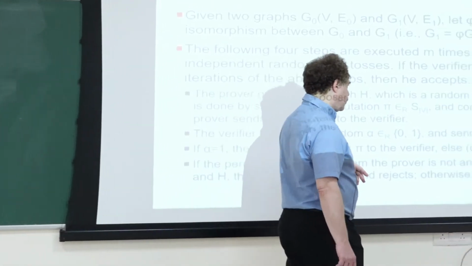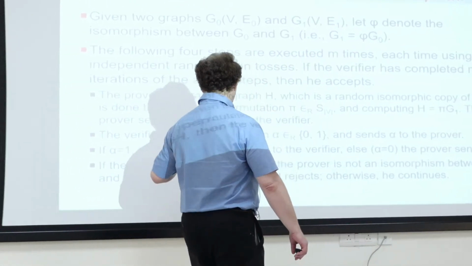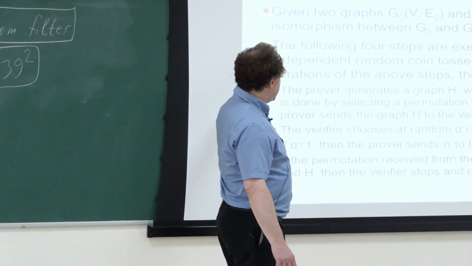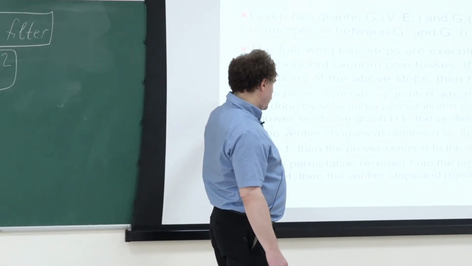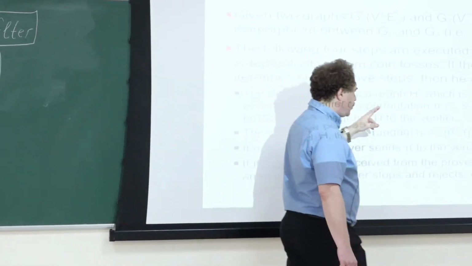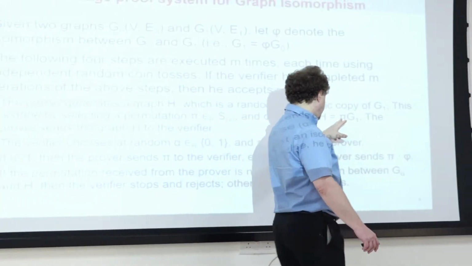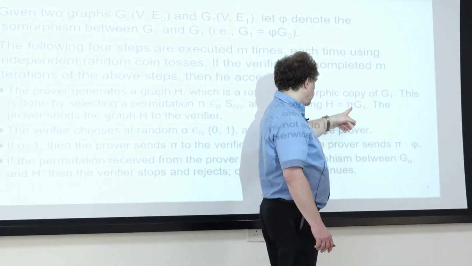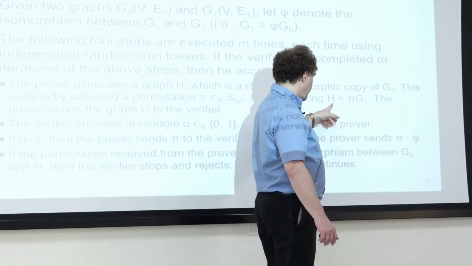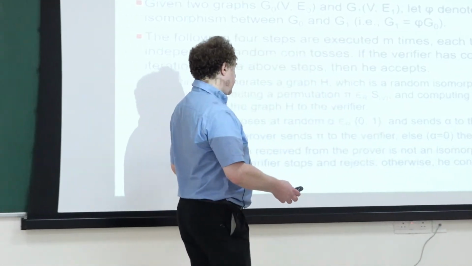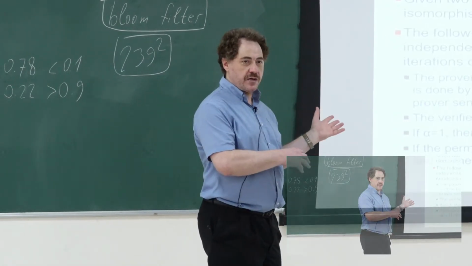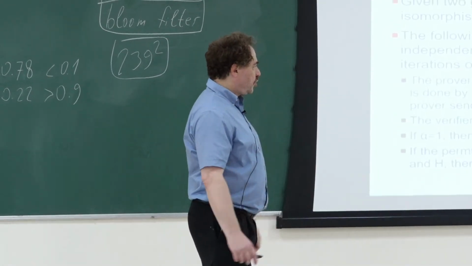If alpha is equal to 1, then the verifier does the same calculation that the prover earlier did. It gets pi from the prover, takes G1, applies pi, gets H, and if it's the same H that the verifier already knows, then it works.